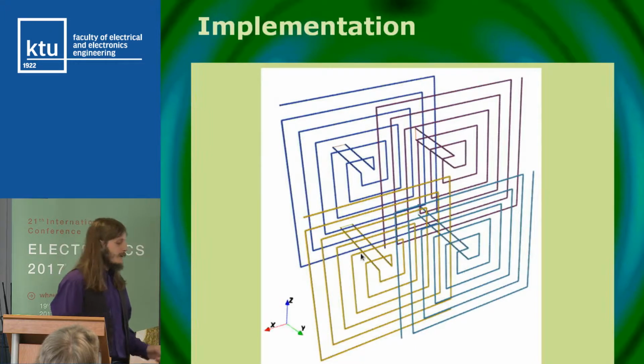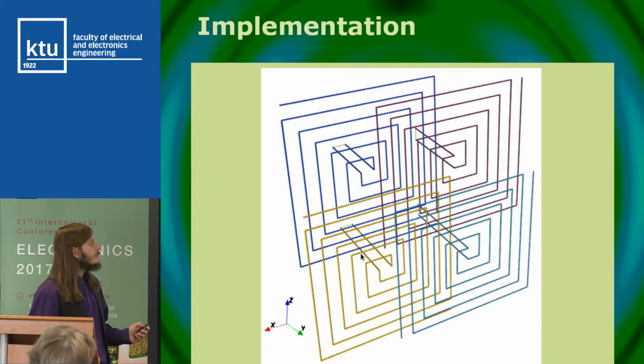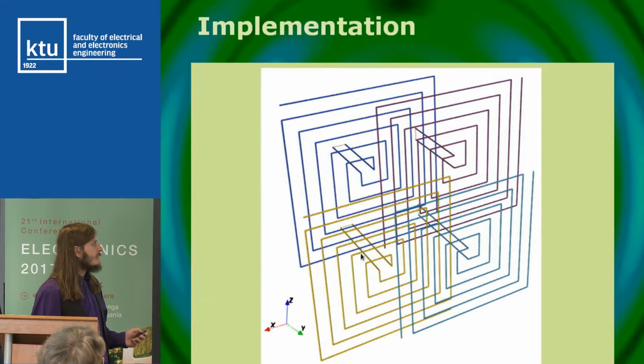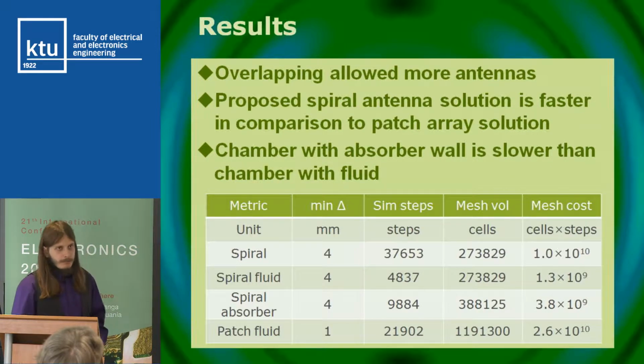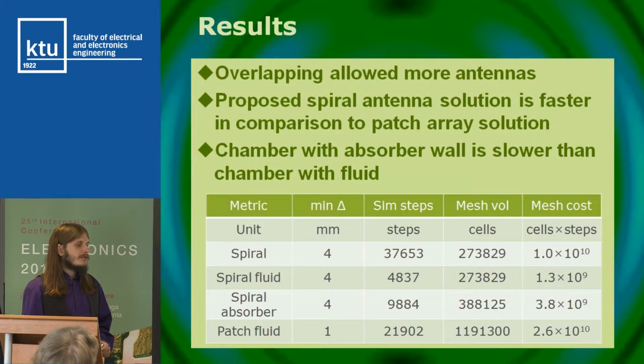And this is how those square spiral antennas look, interleaved one behind another. We modeled and simulated that in an FDTD simulator and compared it with one 3D imaging solution from the Wisconsin-Madison research group. They use patch antennas, and first of all they have 28 antennas and we have 100 antennas in our solution.